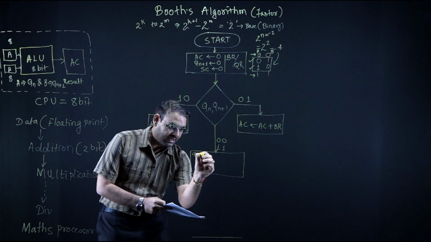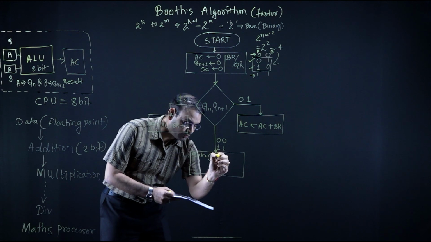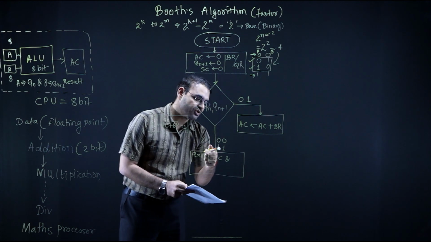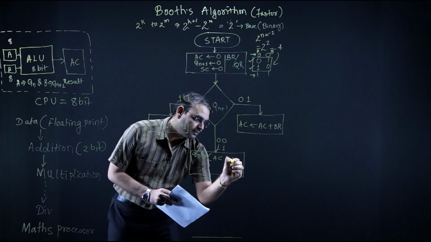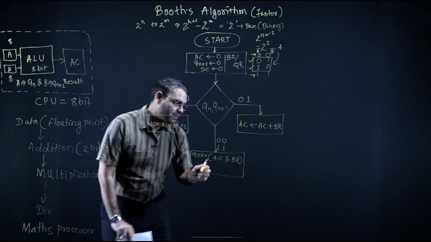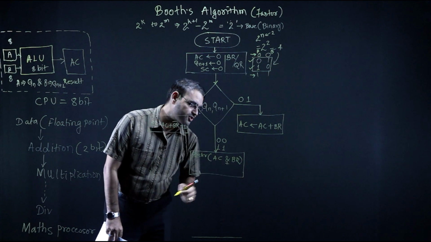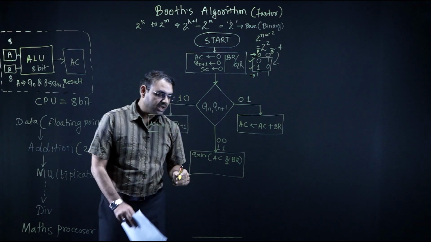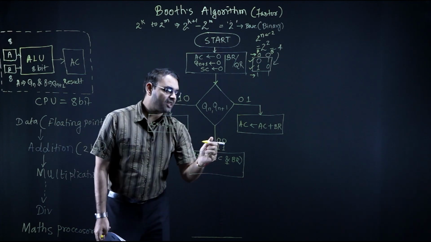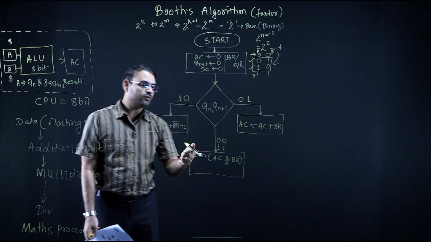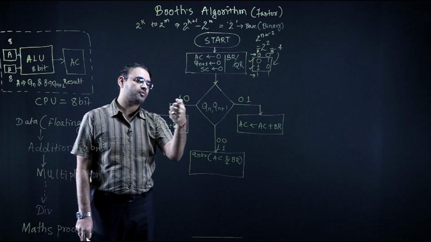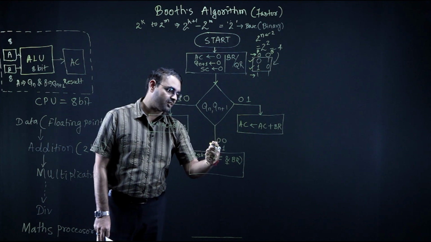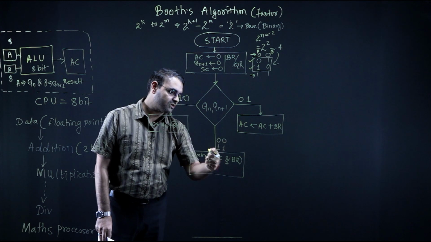So, the arithmetic shift is applied to the AC, because there is no reflection, as the numbers are 0 0 or 1 1, and then BR. Somehow we can also say that it is a plus symbol, because the accumulator and the multiplicand are related. Since only one operation has been performed, for 1 0 and 0 1, we are not getting the complete answer; the two figures are continuously coming.